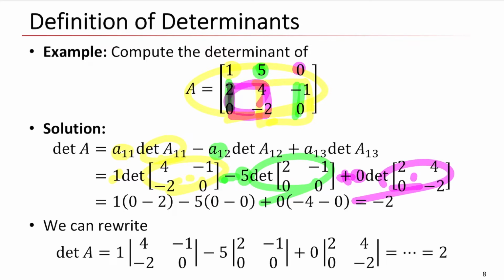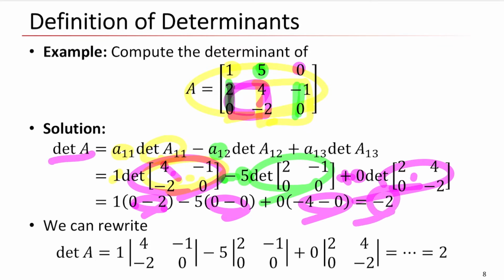We already know how to compute the determinant of this one: 0 times 0 minus 2, and 0 minus 0 minus 4 minus 0. So finally, the determinant of A is negative 2.